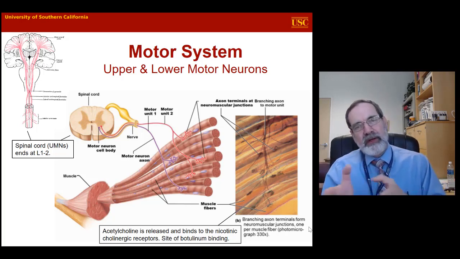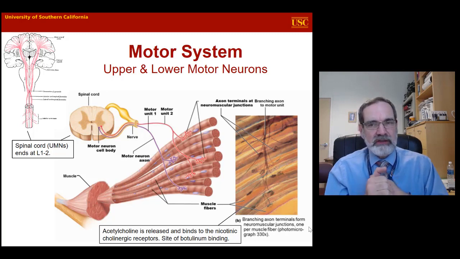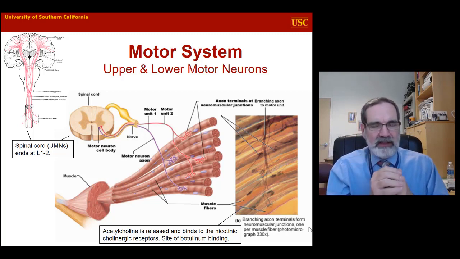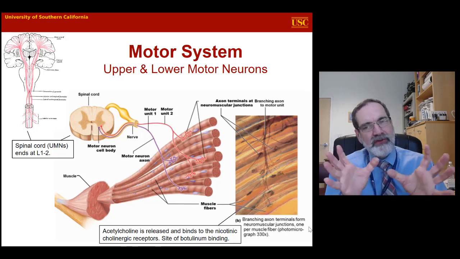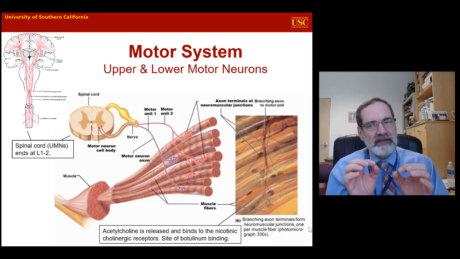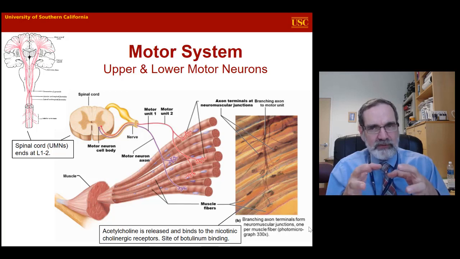Now, if we go to the very right side of the screen, there's a photomicrograph. This is a microscopic image blown up 330 times so that you can see these motor fibers and the terminals of the neurons as they connect with these motor fibers. And where they connect, that's another synapse, but it's a specialized synapse called the neuromuscular junction.